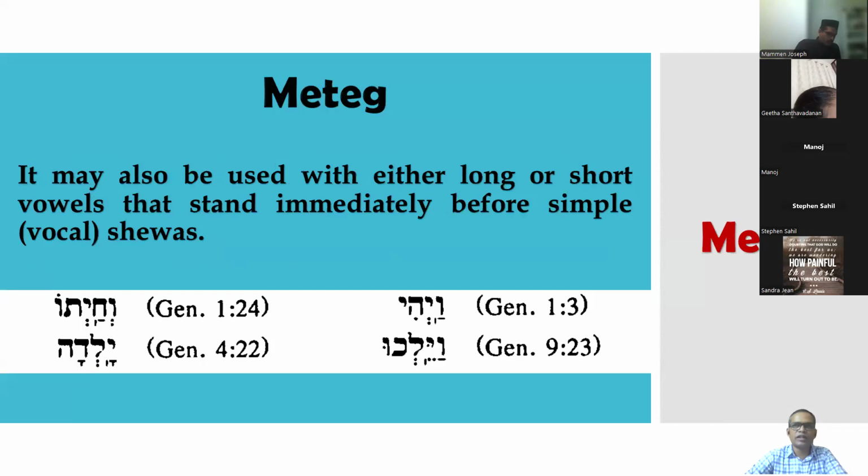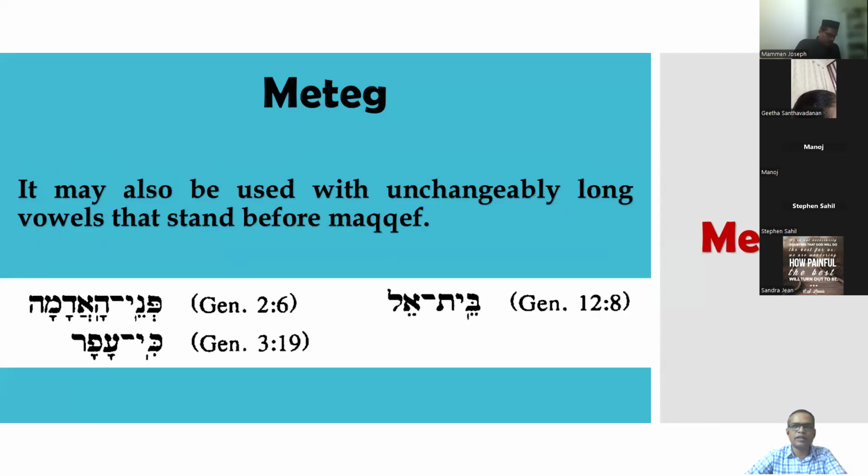So whenever you see a simple vocal sheva and the previous word carries a methek along with a patah, that is a short vowel, then you can definitely say that the sheva in the next letter is a vocal sheva, not a silent sheva. The last rule is methek will be placed along with the unchangeably long vowel before Makaf, in order to ensure that the unchangeably long vowel should not be stressed too much.